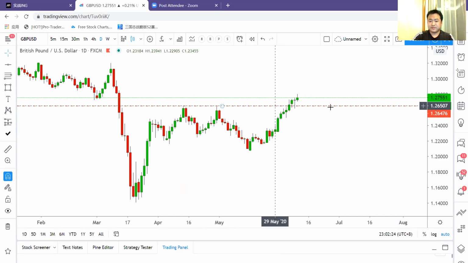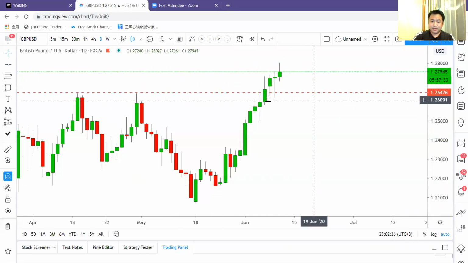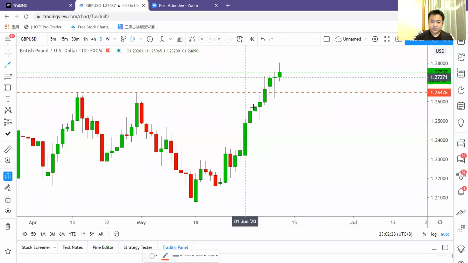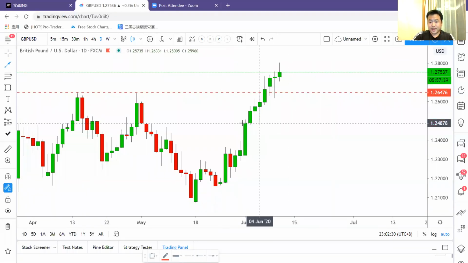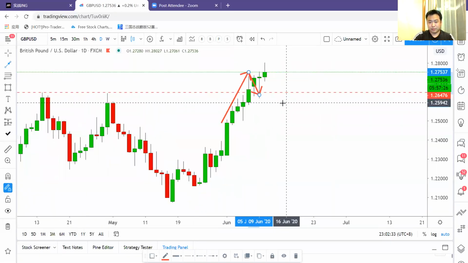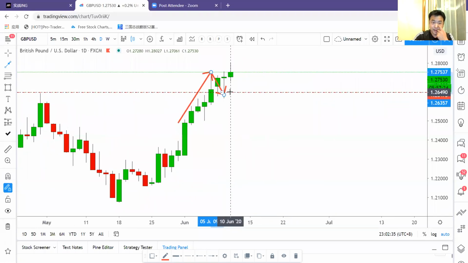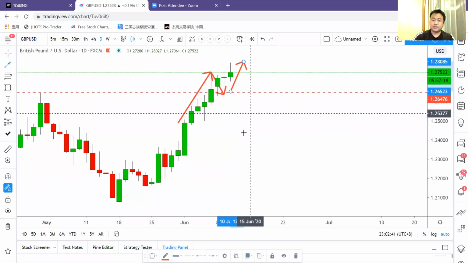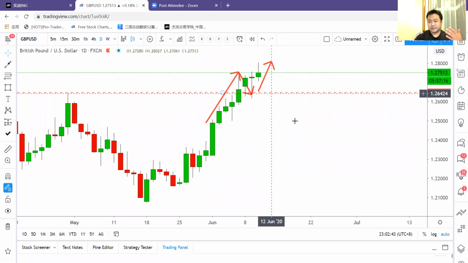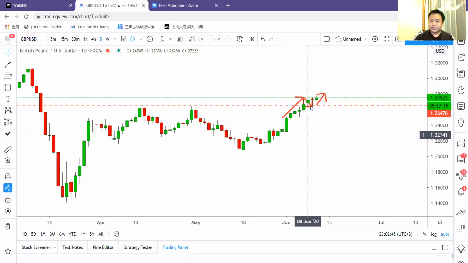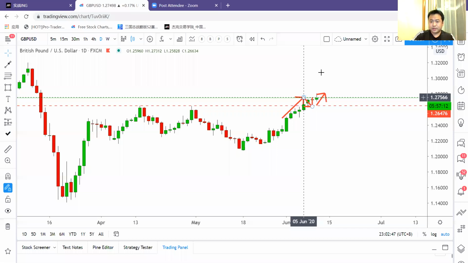This 1.2650 was broken, and I mentioned in my group that we can use the structure breakout and pullback strategy, and we managed to buy starting from 1.2645, and it already goes up.